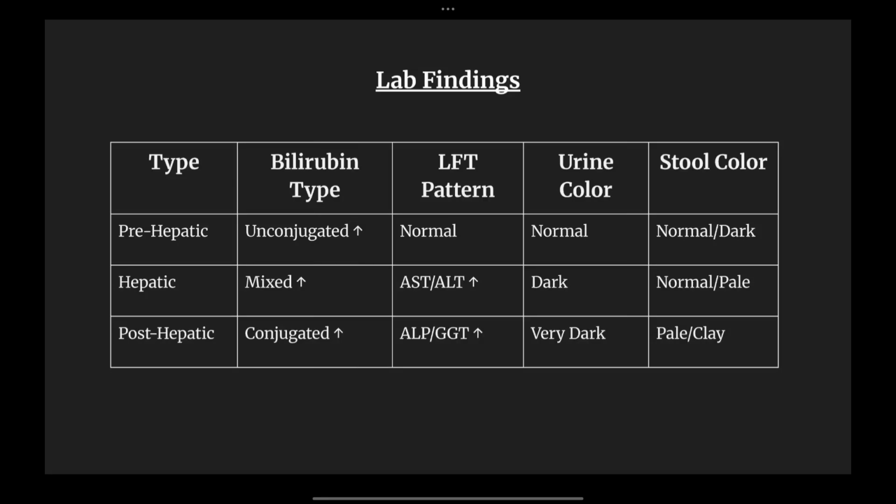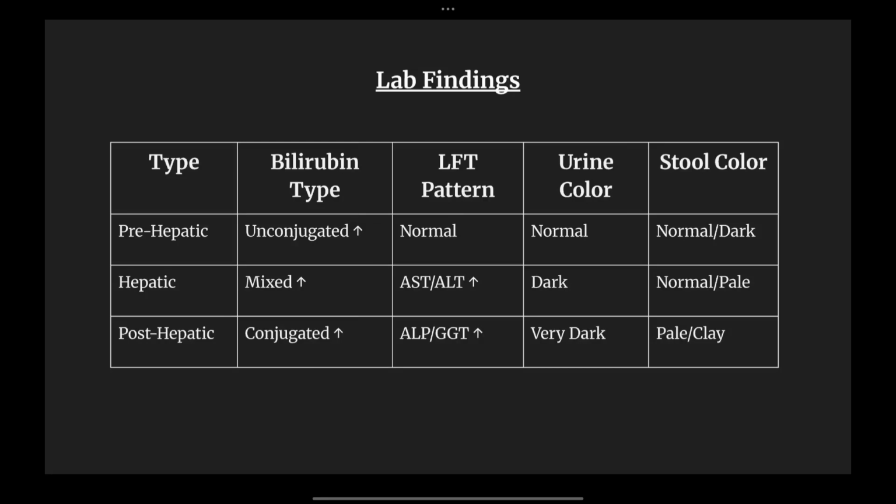The liver function test shows increased levels of alanine aminotransferase and AST, which is aspartate aminotransferase, the liver enzymes. Now the urine color appears dark, and stool color appears normal or pale.